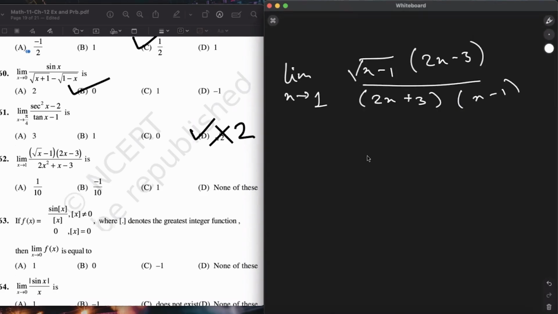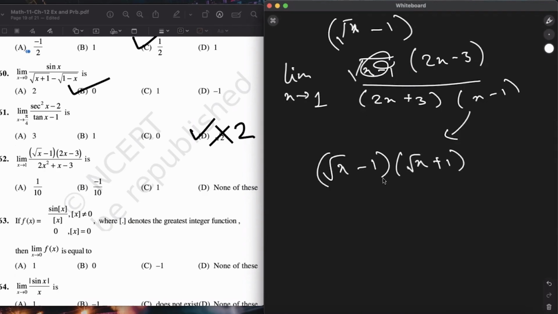So from where x minus 1 and under root x. Okay, I'm so sorry. This is what? Under root x minus 1. So this x minus 1, I can write this as, okay, right.